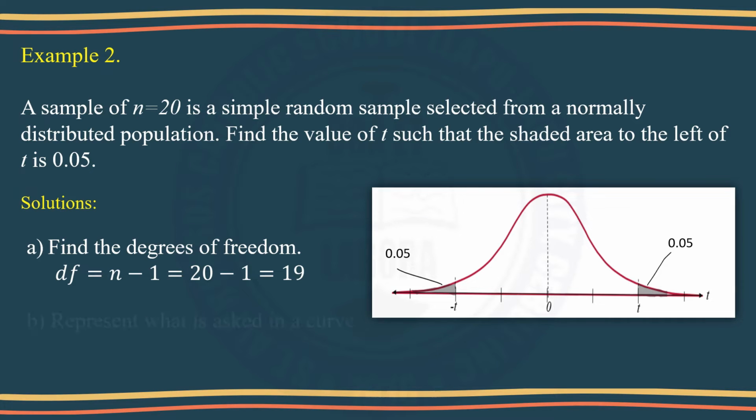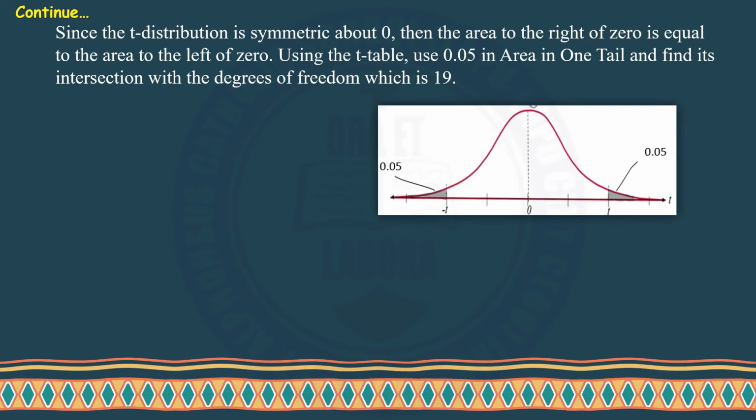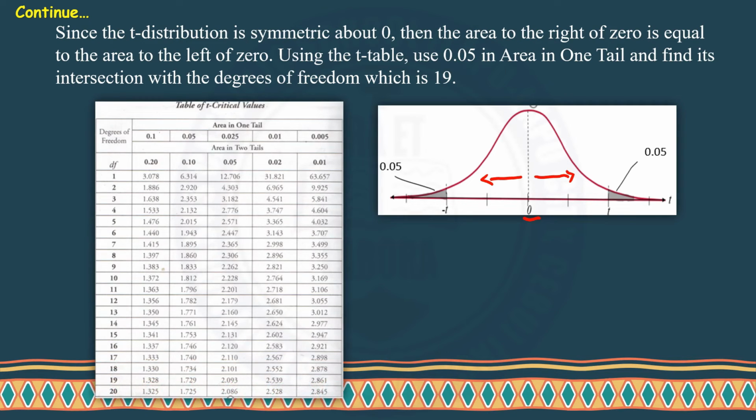Then represent what is asked in a curve. Since the distribution is symmetric about 0, then the area to the right of 0 is equal to the area to the left of 0. Using the table, use 0.05 in area in one tail and find its intersection with the degrees of freedom, which is 19. So we have 0.05 here and 19.